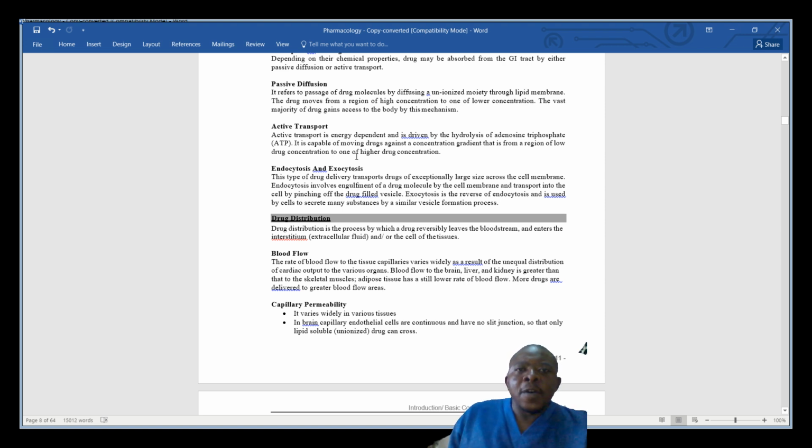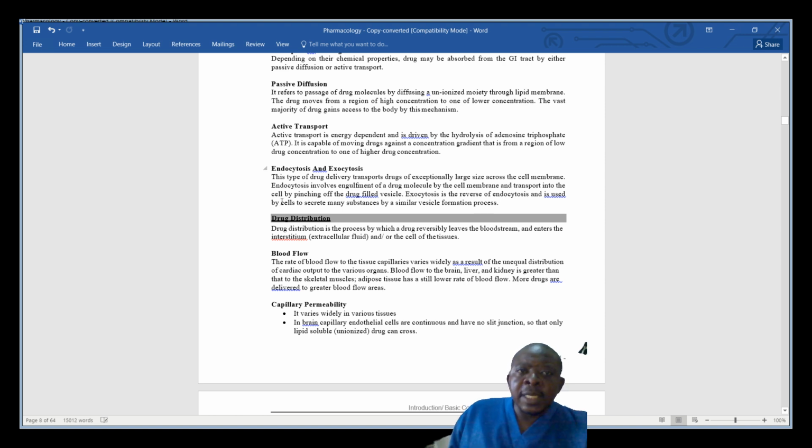It is capable of moving drug against a concentration gradient, that is, from a region of low drug concentration to one of higher drug concentration. By using this energy, ATP, drugs even from a lower concentration will be moved to the area where there is higher concentration. That is active transport, and it requires energy.